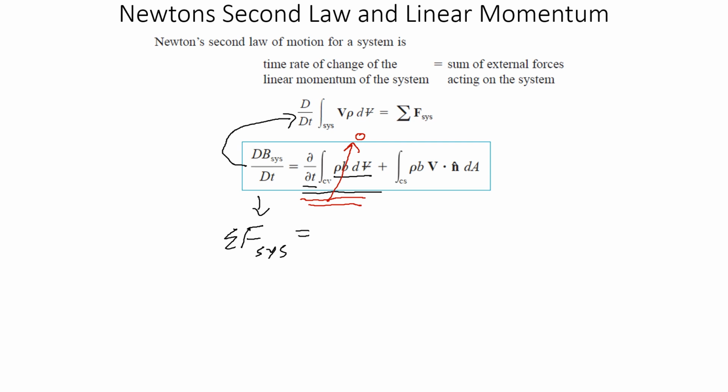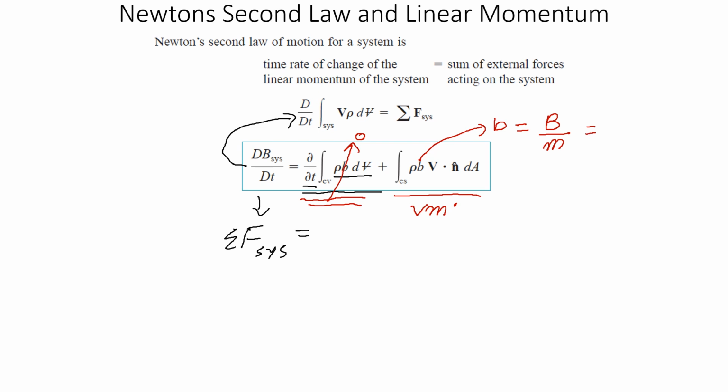And then comes our control surfaces, and in our control surfaces we'll be looking at terms like mass flow rates. So this term will mainly look like velocity into mass flow rate. Why velocity? Because here you see this small b. This small b is our intensive property, and it is equal to extensive property per unit mass.